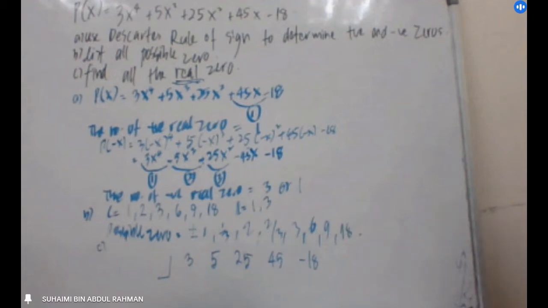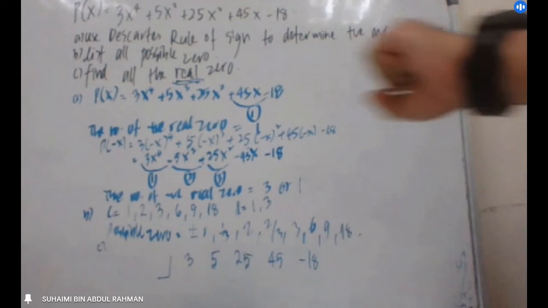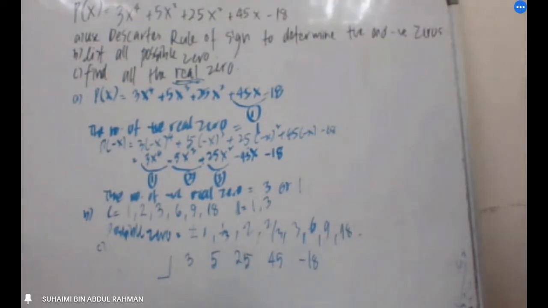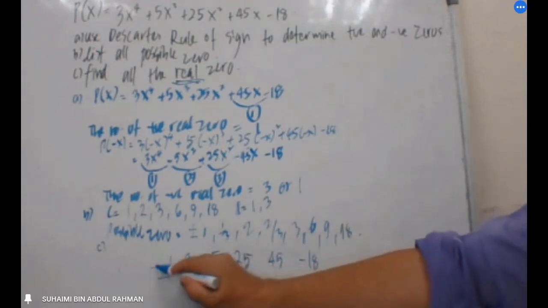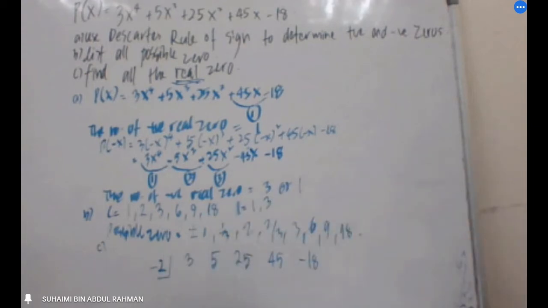As I said, the definition of a zero of a polynomial is a number which, when substituted, makes our polynomial 0. One of those numbers is minus 2. I put minus 2 because minus 2 produces 0.